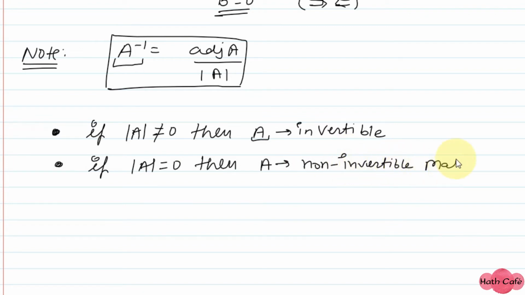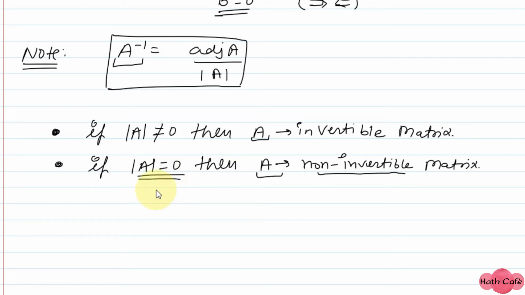If it is given in any question that a square matrix A is a non-invertible matrix, that means the determinant value of A will be 0.